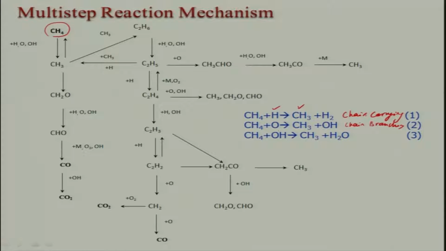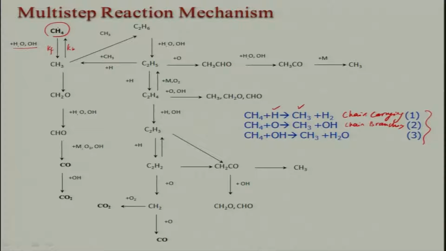So, CH4 is reacting with H, O, OH, any one of them, that means 3 reactions I have given. It can go to CH3 and other things. And then it can also go in the backward direction. This is forward if I say Kf, and this is the backward direction. CH3 can combine with H2, or H and something else.